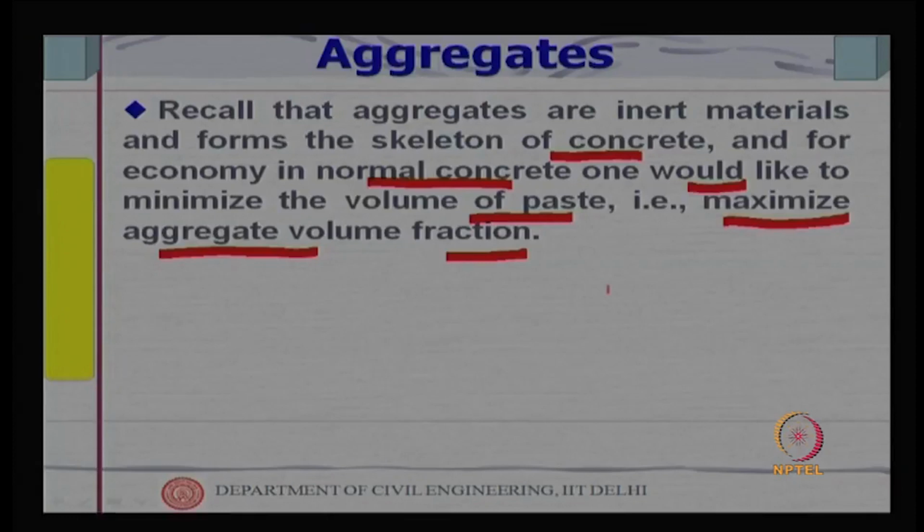Paste contains cement and that is the costliest material in the concrete. Therefore, one would like to minimize the use of paste from the cost point of view. Of course, there are other issues related to shrinkage etc., but from sheer cost point of view one would like to minimize the use of paste.